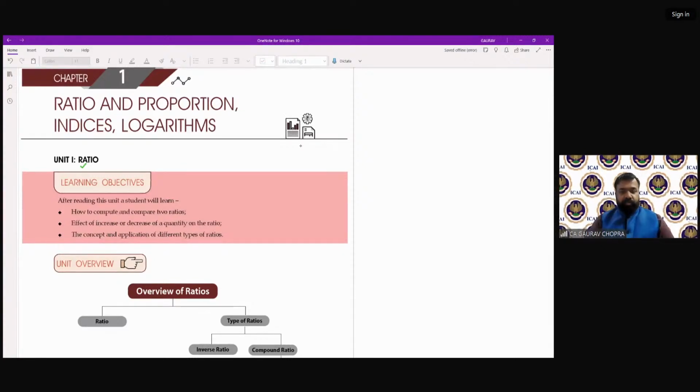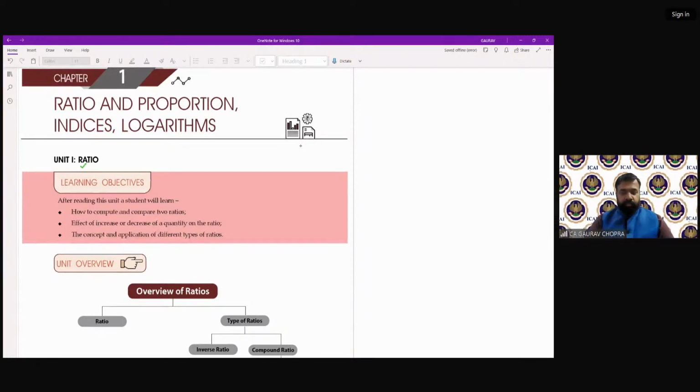Today, our topic at foundation level is business mathematics, logical reasoning, and statistics. This is now called the quantitative aptitude paper, and it is a 100% practical oriented paper.